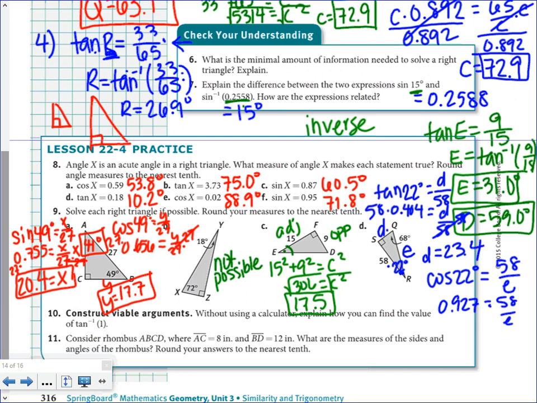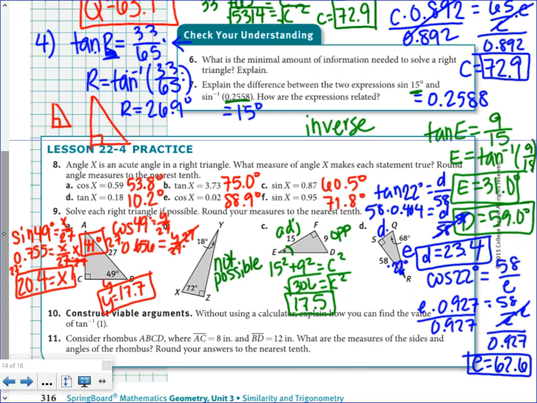So you're going to multiply by E, because that's what's in your denominator, and then divide by 0.927. So 58 divided by 0.927 is 62.6 for that side. So those are the two sides on part D.